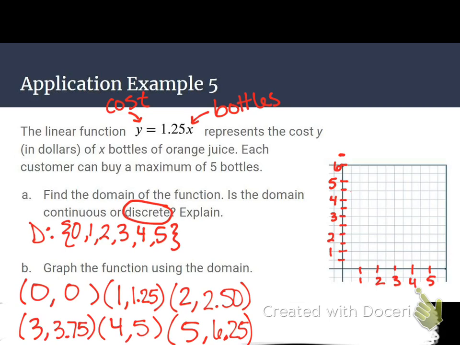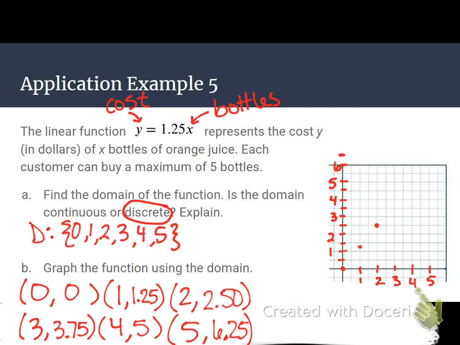All right, first point, 0, 0. That's easy. That's at the origin. 1, 125. That means I'm in between $1 and $1.50. 2, 250. That one should be easy to mark on here. 3, 375.